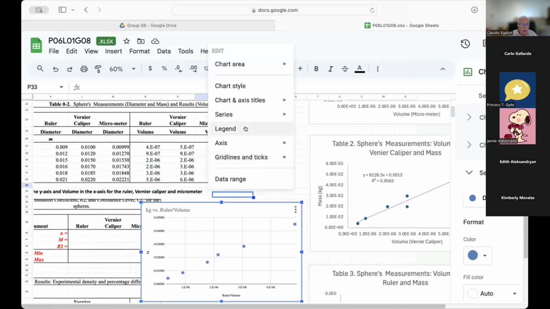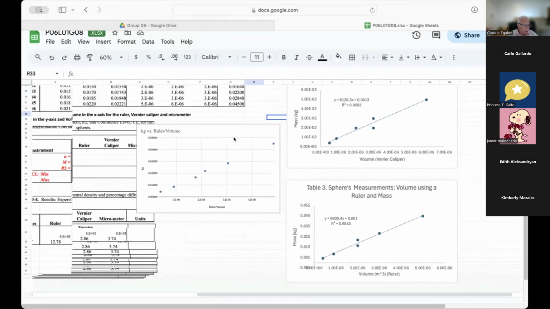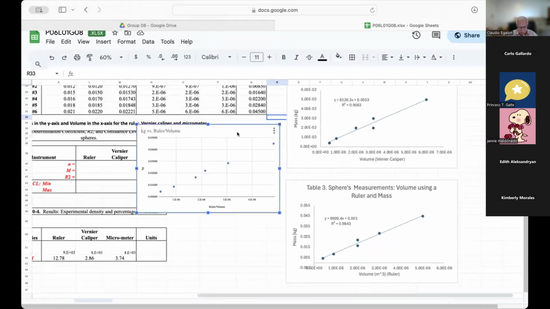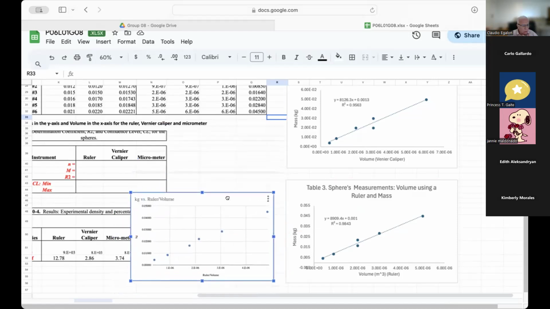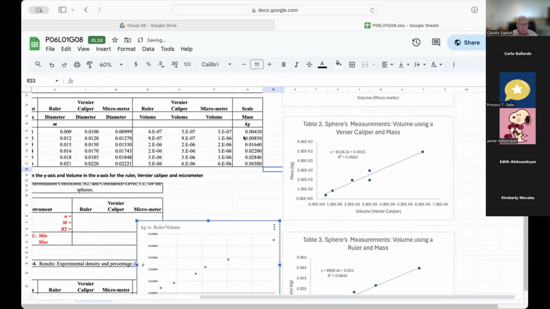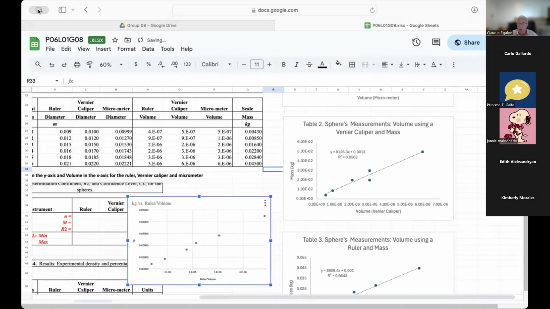I'm more used to using Excel, so it's a little weird for me. You're better off plotting this graph directly from your laptop, from your hard drive, because Google Sheets online doesn't behave properly. I had this experience before.